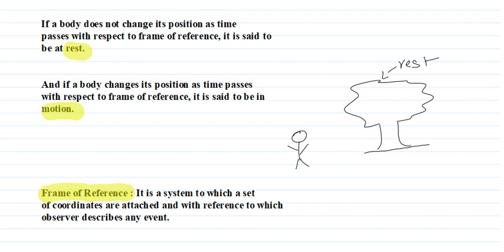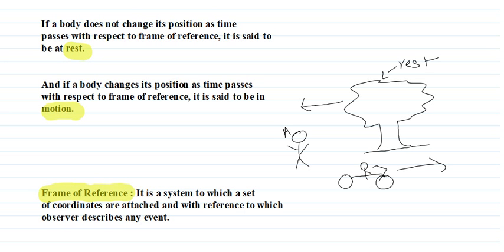Now let's say here is boy A, and someone is moving on the platform with his bike, any motorcycle, moving in this direction. Then what he finds is that the tree is moving in this direction in his observation.